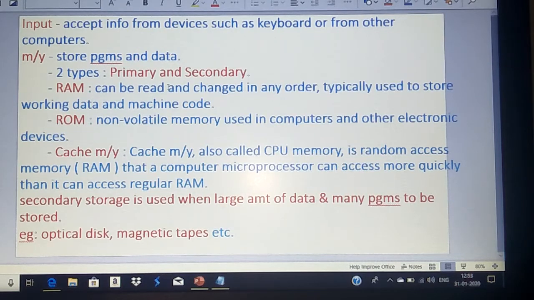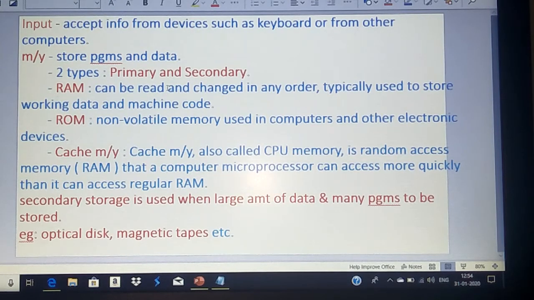ROM, read-only memory, is a non-volatile memory used in computers and other electronic devices. Third one, cache memory. Cache memory, also called CPU memory, is a random access memory that a computer microprocessor can access more quickly than it can access regular RAM. That is, it belongs to the family of random access memory, RAM.